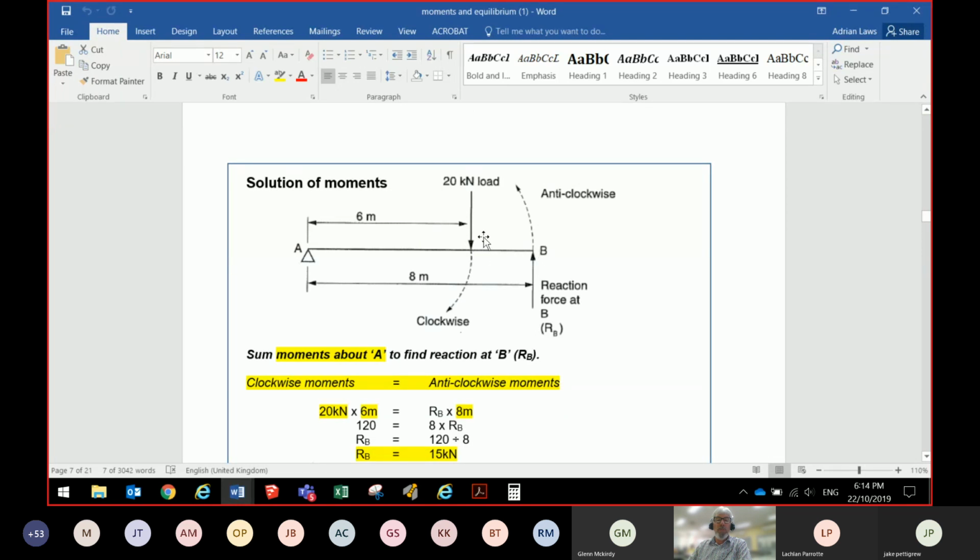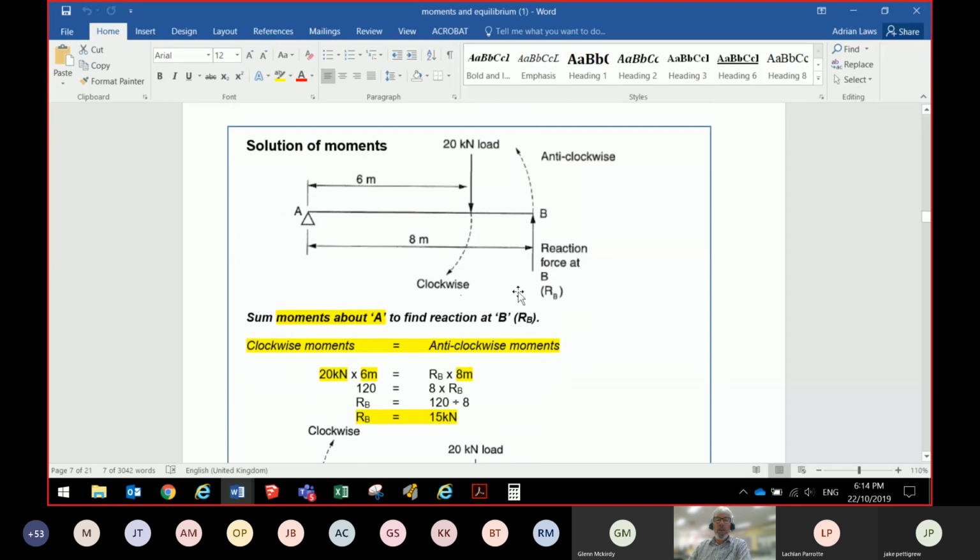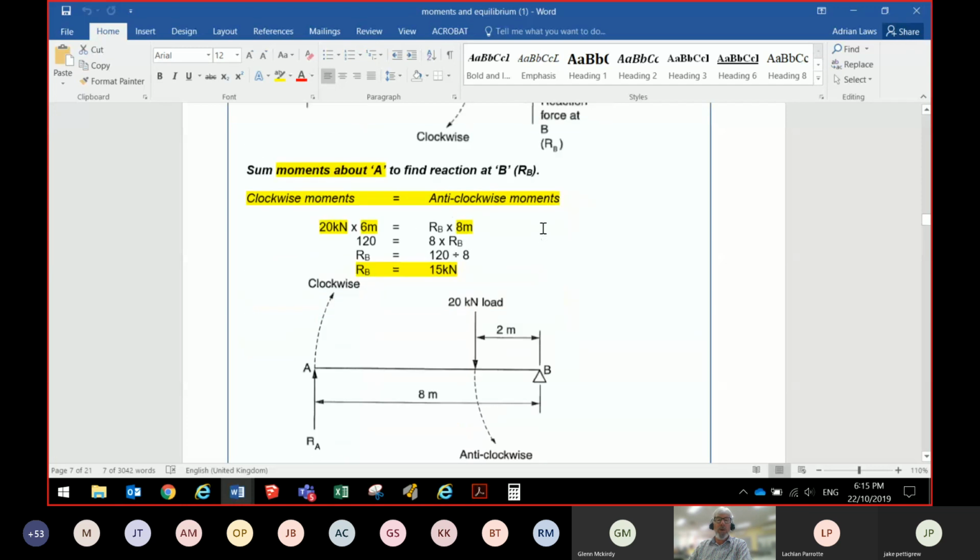That means 2 meters in from there and then another 2 meters, we've got the post at B. So we've got a post at A and a post at B. What we have to do is calculate what strength we need at B and what strength we need at A to be able to resist it. And obviously both of those strength columns need to add up to at least 20 kilonewtons. If both of those added up together only come to 19, then the whole thing will collapse. So they need to come up to 20, and we can calculate how that works.